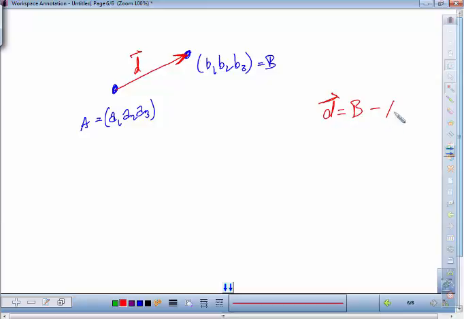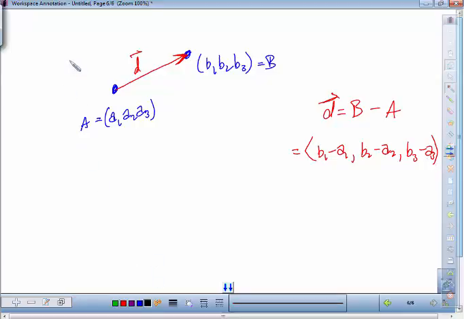So when we do B minus A, more specifically, we can do the subtraction. So that's very close to the distance that you were talking about, but not quite. So it's B1 minus A1, comma B2 minus A2, comma B3 minus A3. And that's a vector, and those are its components. And that's going to be your direction.